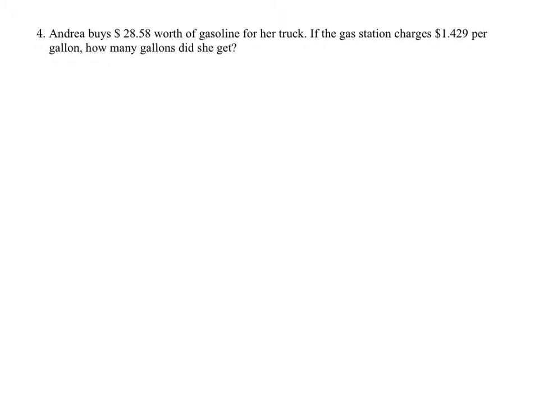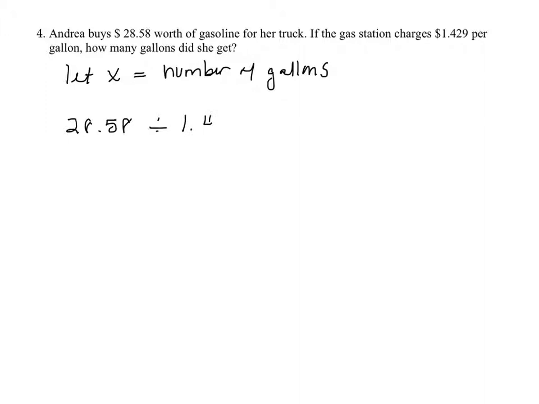So I'm going to get my calculator out for this one because it's a little bit easier to use. So I'm going to let x equal the number of gallons. So it's going to be 28.58 divided by 1.429, and that's going to equal x.